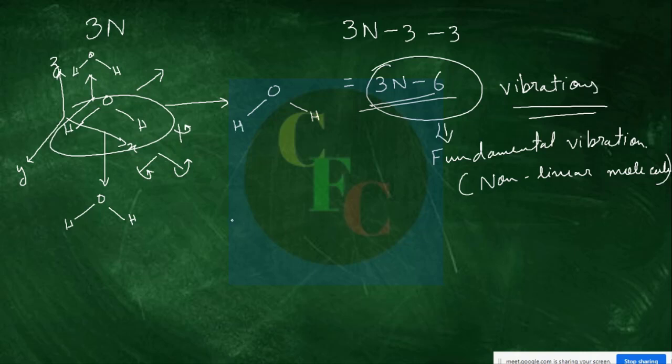Now, if I take the example of a linear one, suppose this HCl, and place it in the coordinate axis, you can rotate it in any direction. But if you rotate it along its bond axis, this is also a rotation, there will be no change in the position of H and Cl.